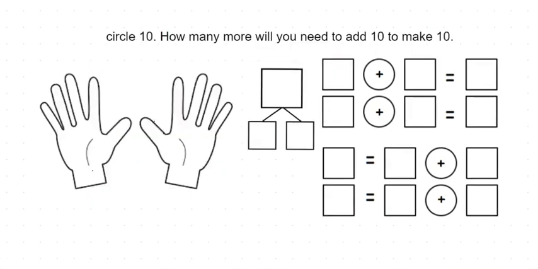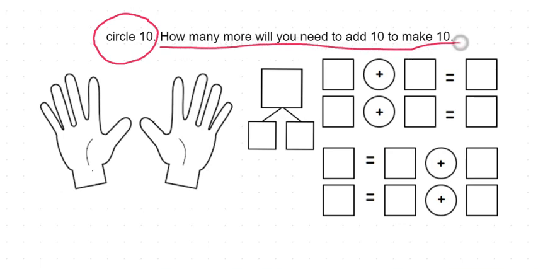Now let's look at this one. This is our last one, guys. We're going to circle 10. How many more does 10 need to make 10? This looks like a tricky one. Circle 10. 1, 2, 3, 4, 5, 6, 7, 8, 9, 10.